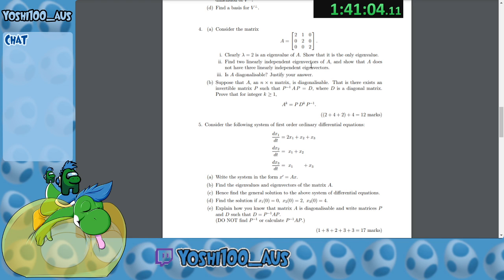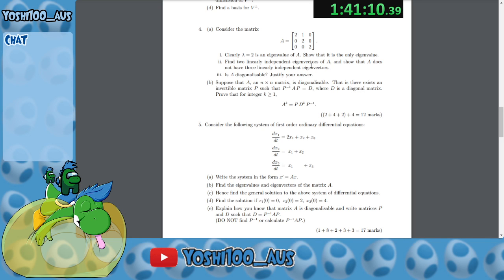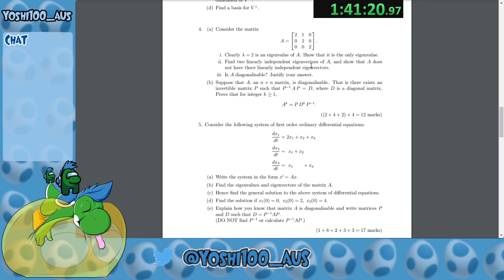That's 2 marks. I figured you would have to find the eigenvalues and show that it's... I guess it wouldn't take like that.